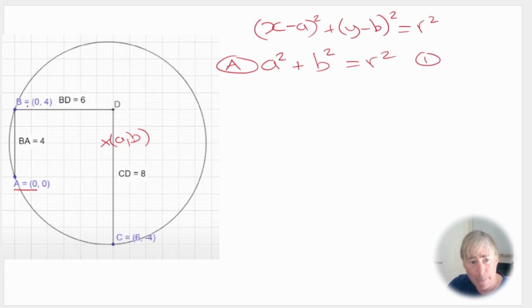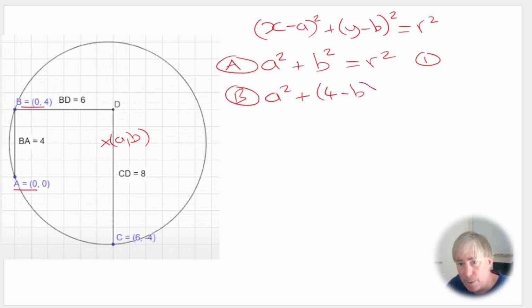Okay, next we're going to sub in coordinate B. So now we've got again 0 for x, so once again it becomes a² plus, and now it's going to be y minus, sorry, try that again, y is 4, so (4 − b)² equals r². That's equation 2.